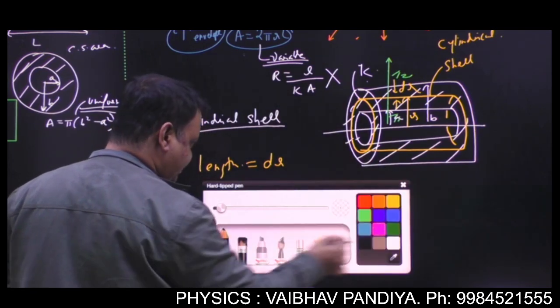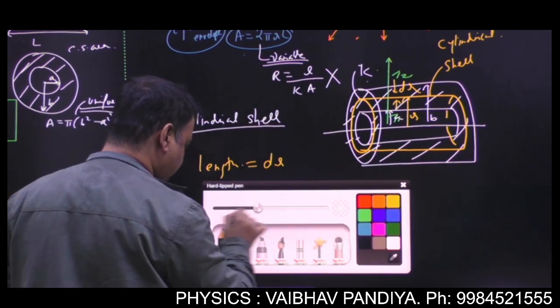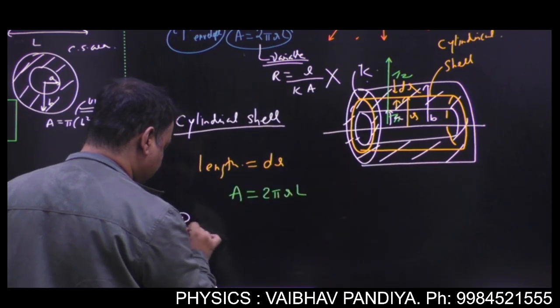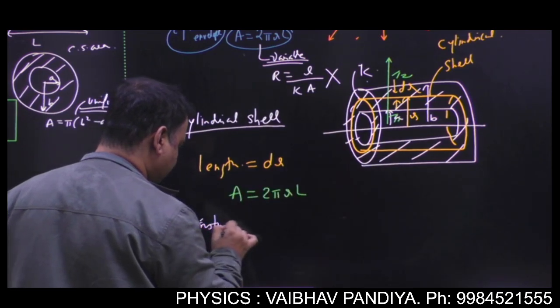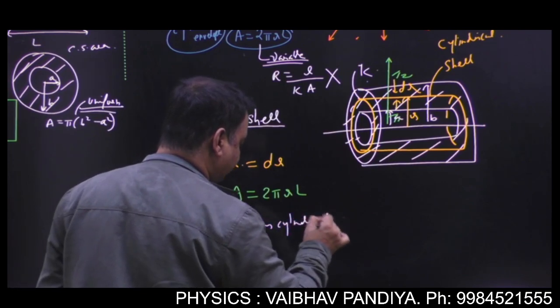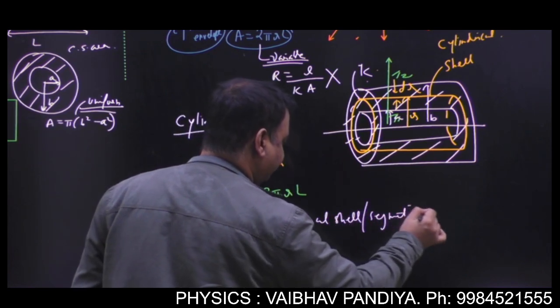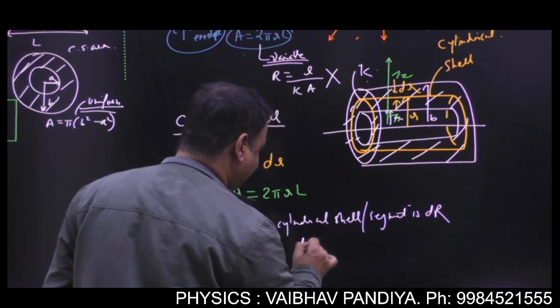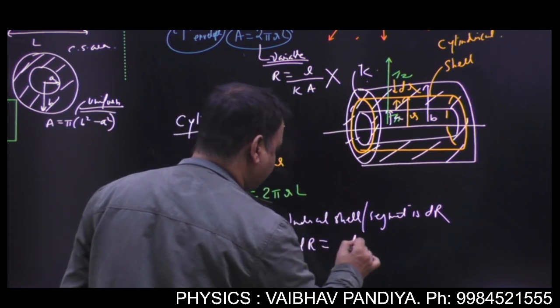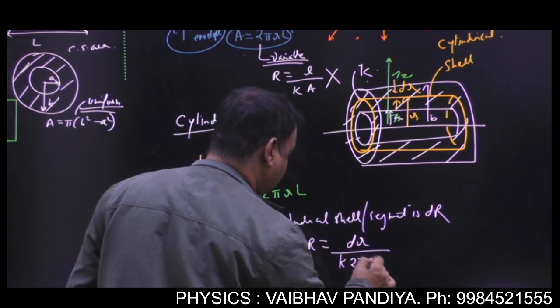So suppose the resistance of this cylindrical shell or segment is dR. So dR will come to be length traveled dr, divided by conductivity into area.